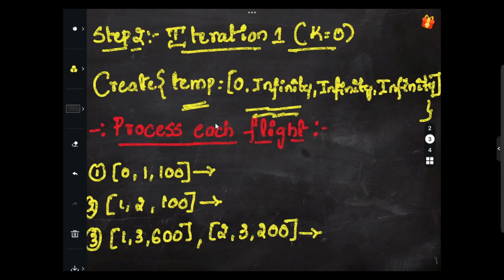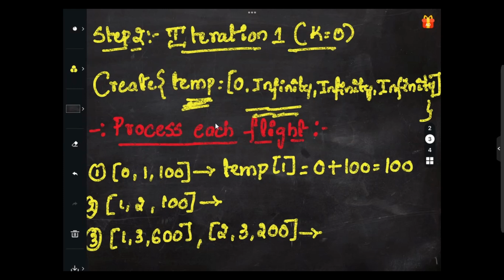Let's process each flight here. 0, 100 we have. This will be temp of 1, which we are considering right now. Temp of 1 will be 0 plus 100, which is 100. Then the second one, 1 to 100.